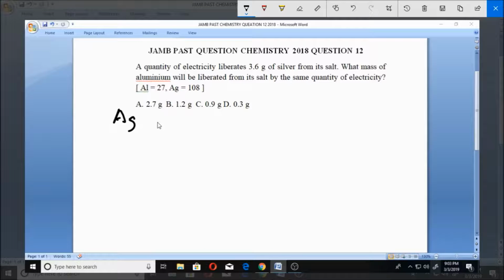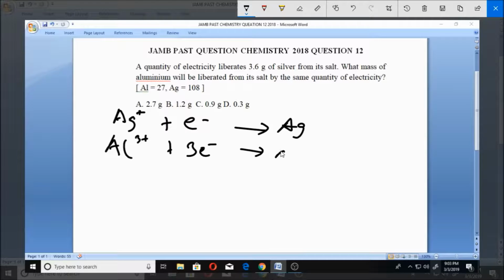For silver we have Ag plus, so we have one electron because it's just one valency, and the deposition of silver needs 1 mole of electrons. But aluminium has 3 valence electrons, so we have aluminium 3 plus, and we need 3 moles of electrons to get our aluminium liberated.